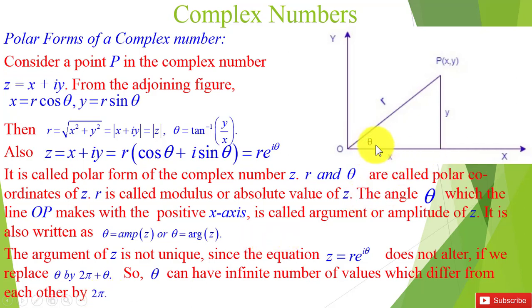That is, if this angle is theta, if we rotate 2 pi angle, that is 360 degrees, then it again becomes theta, that is 2 pi plus theta. Again, if we rotate anticlockwise, this is 4 pi, this is 6 pi, etc.